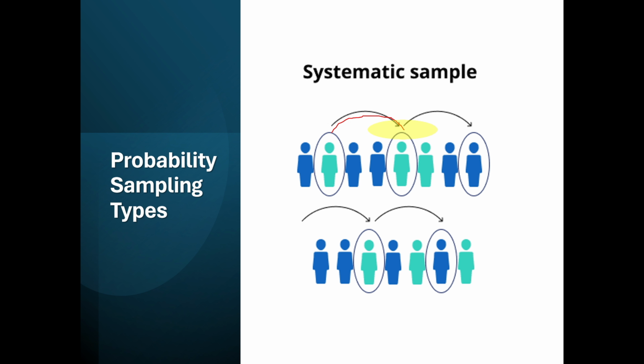For example, you will select one female, skip all the males coming in between, then select another female, and after that select another male. So you create a systematic pattern when you're doing this kind of sampling.